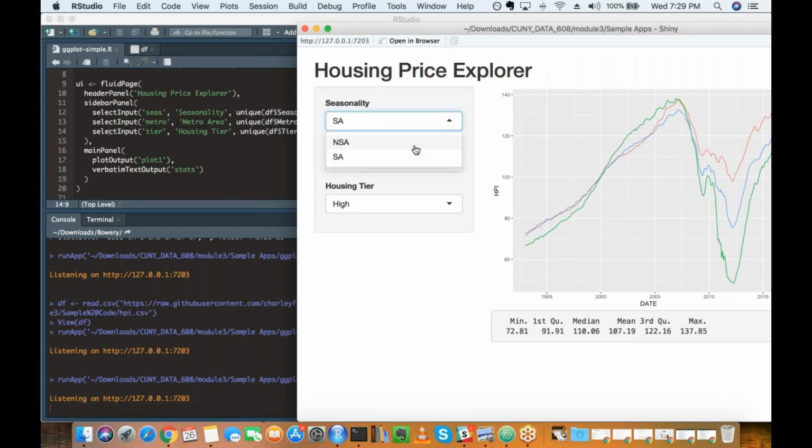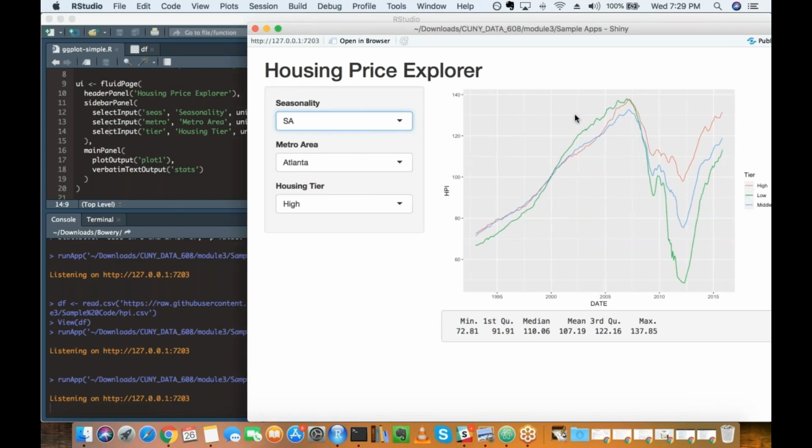Select inputs are simply these drop downs. On my main panel, I have a plot output and a verbatim text output, and those are these two elements here. My plot is, in this case, a ggplot, and the verbatim text output is pretty much what you would see in your console when running it.